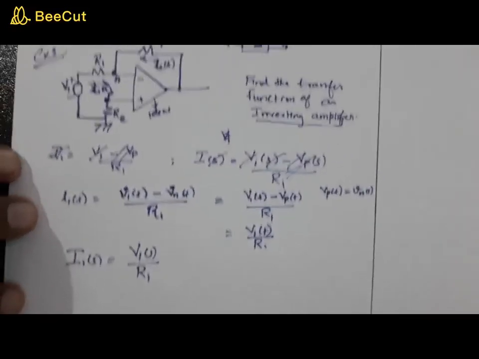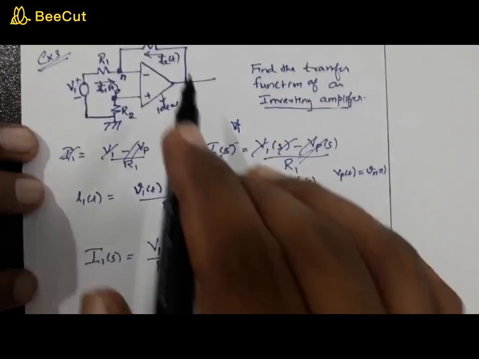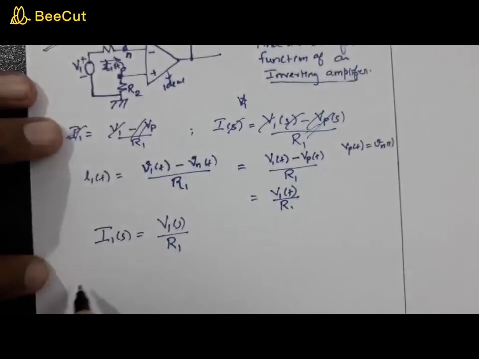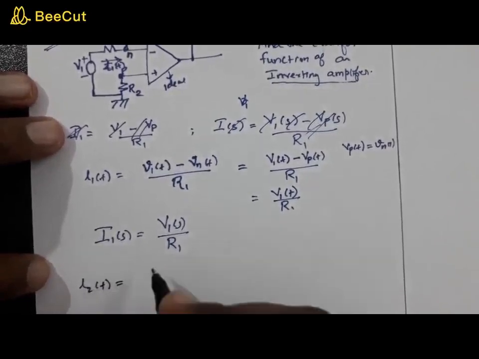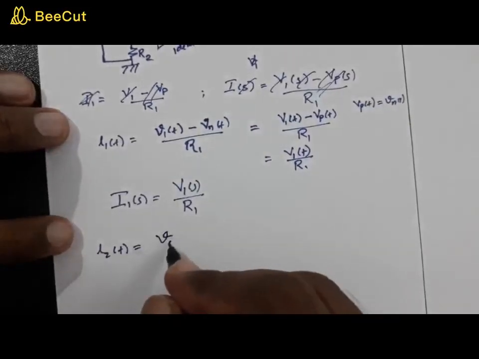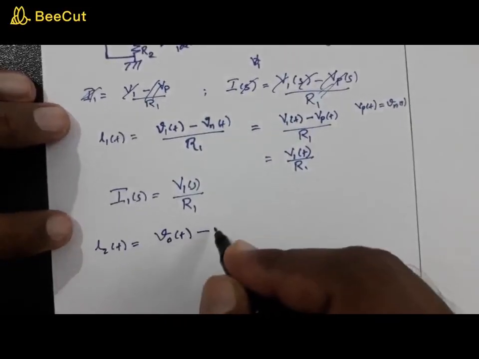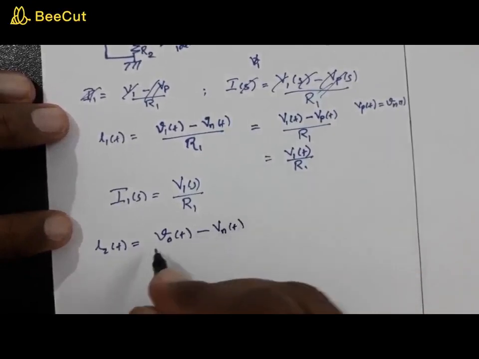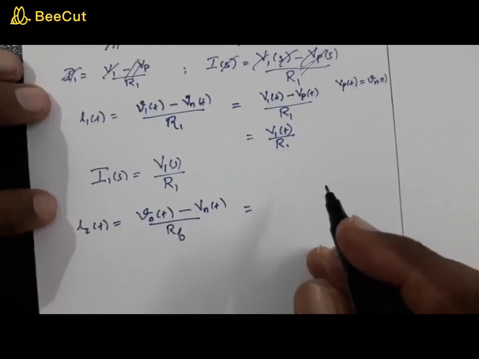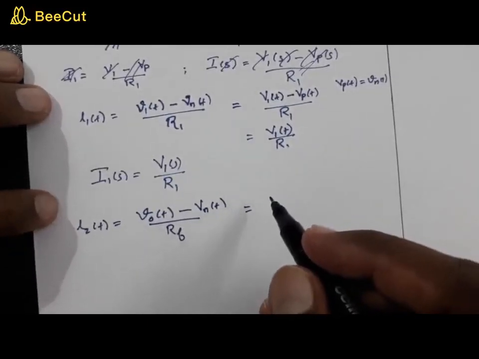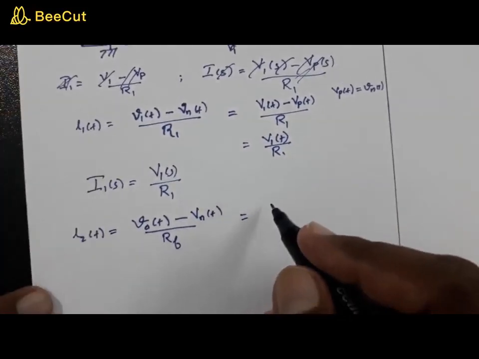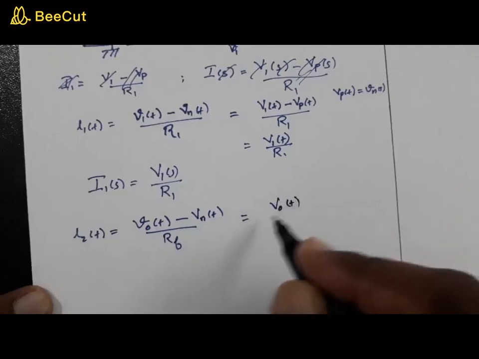Similarly, as you have studied in your class, to find this I2, which is shown in this direction, I2 of t is V0 of t minus Vn of t, divided by Rf, where V0 of t is the output voltage. Since Vn is 0, this is V0 of t by Rf.